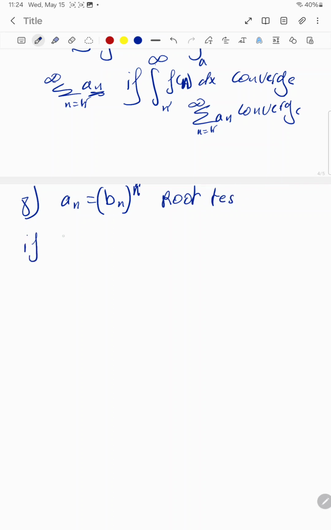So if we have sum of an, we do the limit of the nth root of the absolute value of an, which is the limit when n goes to infinity of absolute value of an to the power of 1 over n.